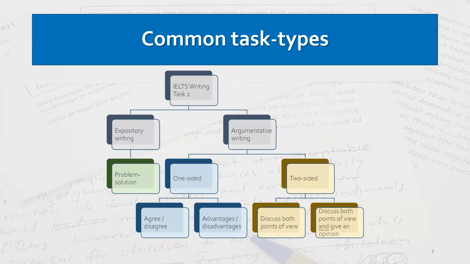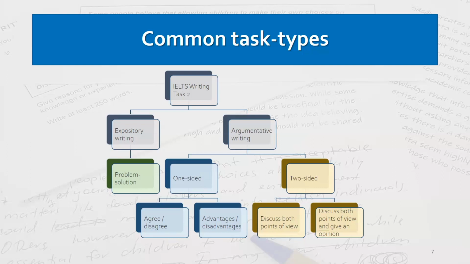So an example would be a question asking you to discuss the strengths and weaknesses of something, like of the internet, and then towards the end of the essay, you give your own opinion as to whether the internet is a good thing or not.